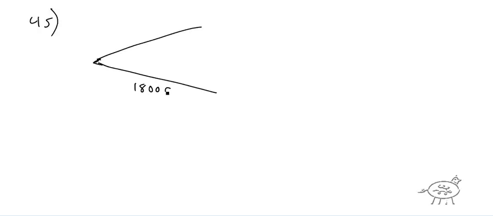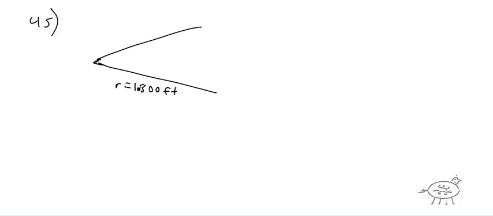All right, so this problem is actually out of your book. This is problem number 45 out of your book. And for problem 45, it says a railroad track is laid along an arc of a circle of radius 1,800 feet. So this is kind of what the picture looks like. It's 1,800 feet is your radius.